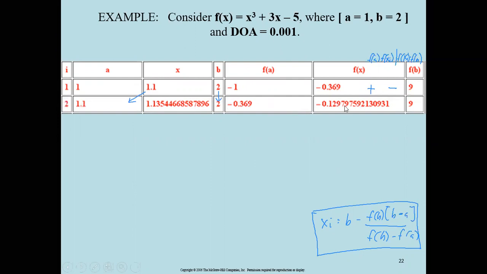Then we check the change of sign. So again, negative times negative is positive. And this one is negative still, no? So we expect that this x would be the new a, and we have to retain this value of b as 2.